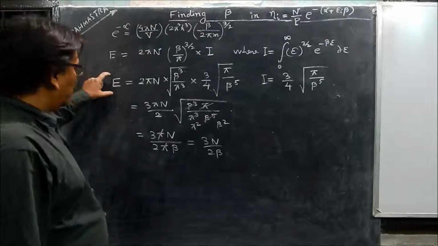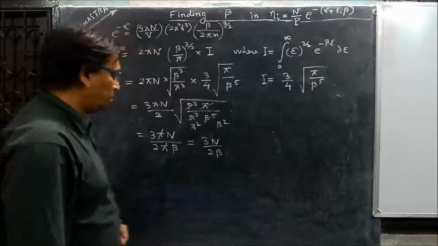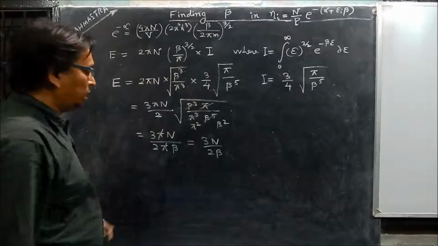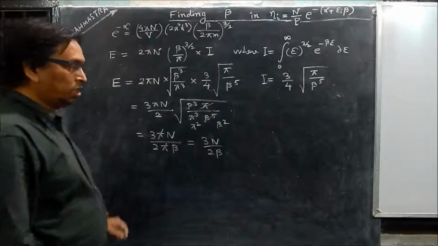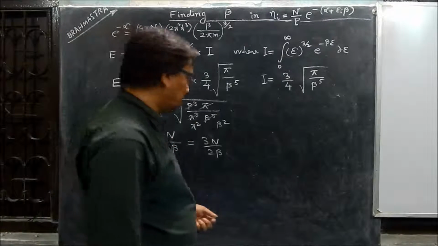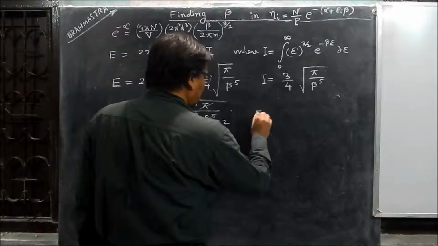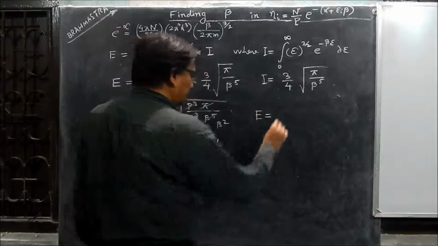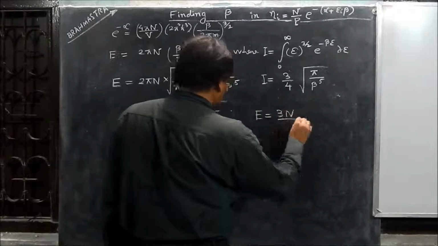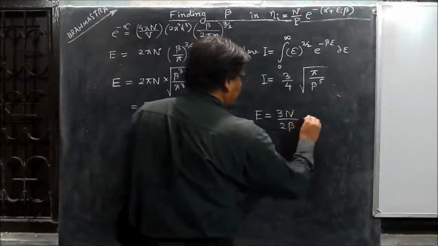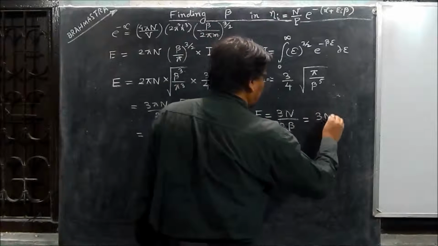So if we compare the energy that we have got from this calculation, this energy should be equal to the classical calculation of Boltzmann. He said that the energy of n number of particles, that we have got 3n by 2 beta, and he said that n number of particles should have this much energy.